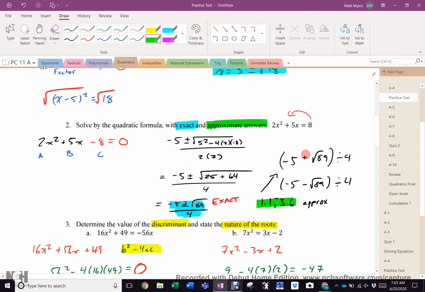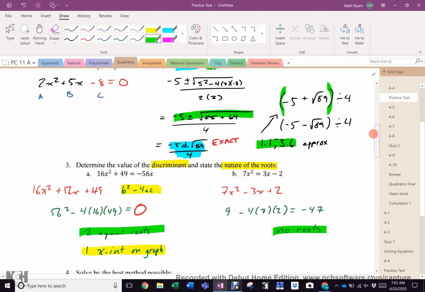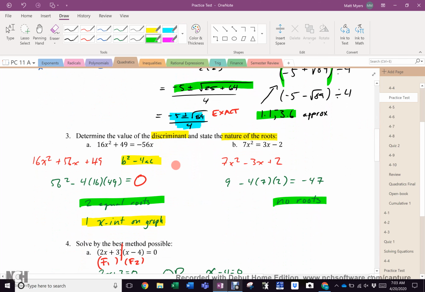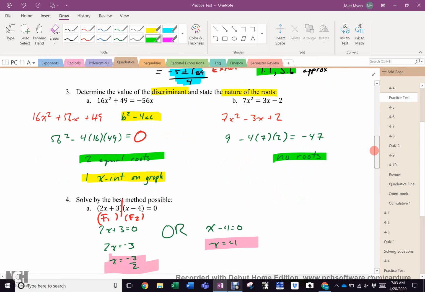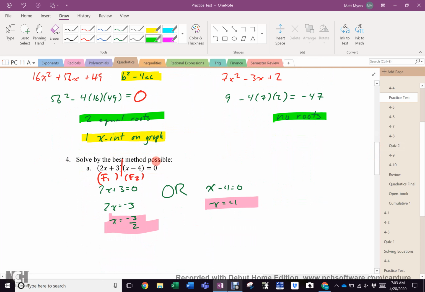You use your calculator. And remember, you've got to do these brackets for the numerator. Discriminant, you just put it in ABC form. Do the discriminant. Solve by the best method possible.